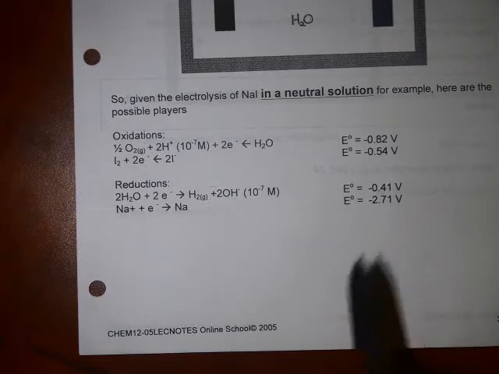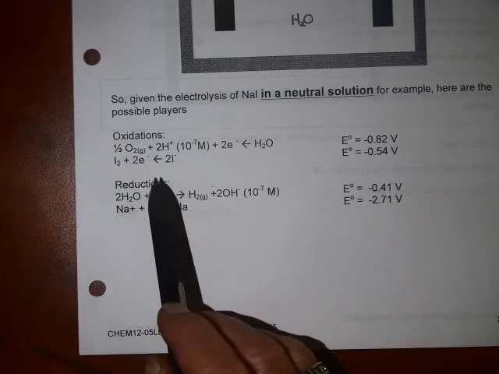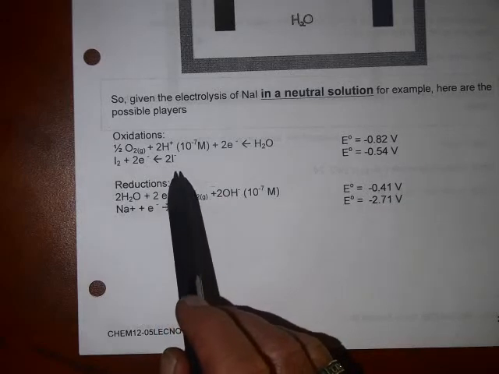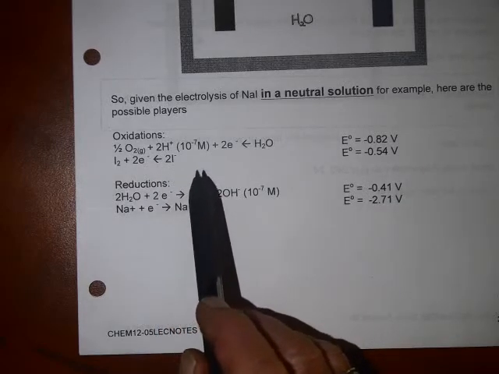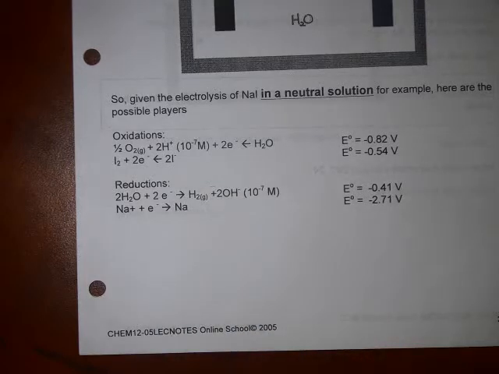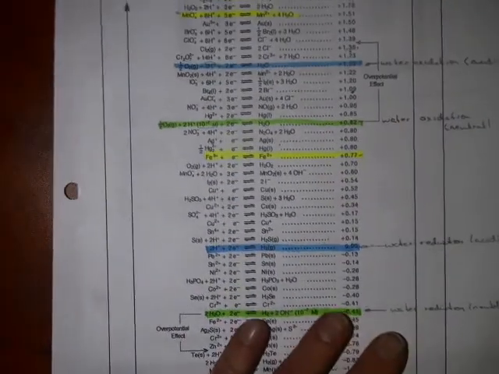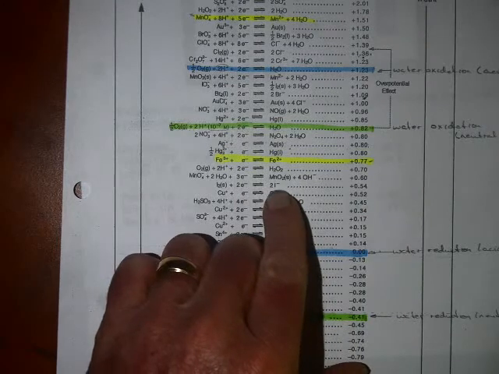The other player is the iodide ion. Now, the iodide ion, if you look at the table, is right here at 0.54.